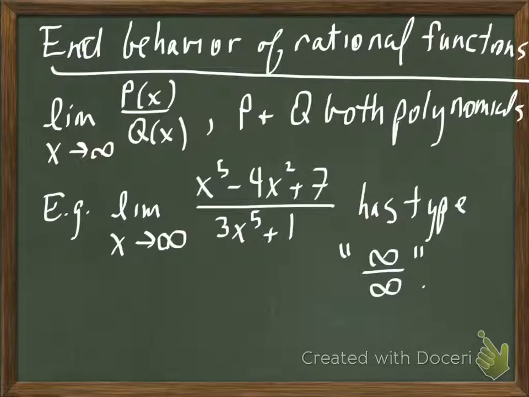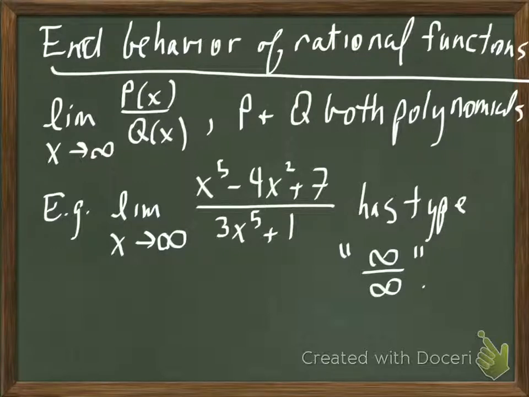So for example, let's say I wanted to know about the limit as x goes to infinity of x to the fifth minus 4x squared plus 7 over 3x to the fifth plus 1. If we just plugged in infinity, in great quotes, if we started plugging in big numbers for x, we would see both the numerator and the denominator of this function are getting bigger and bigger.